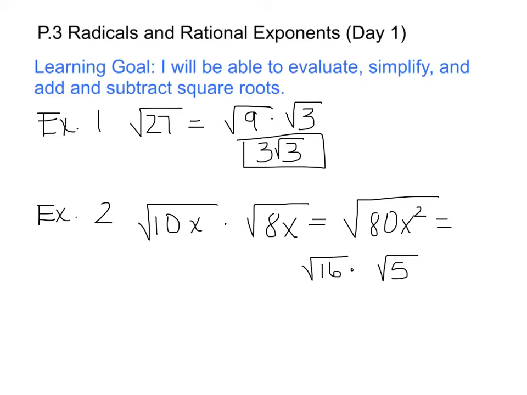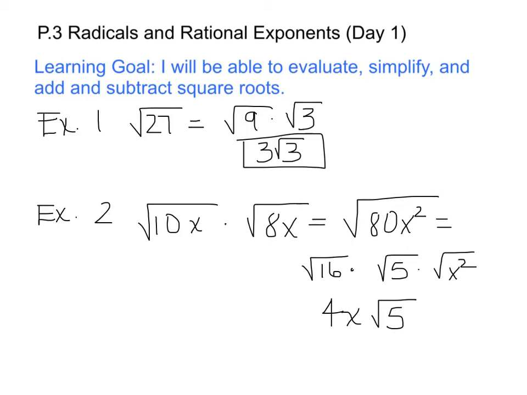And then, of course, you have that x squared. So the square root of 16 is 4. The square root of x squared is just x. And then the 5 stays under the square root.